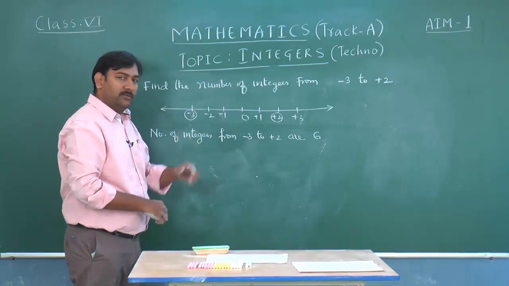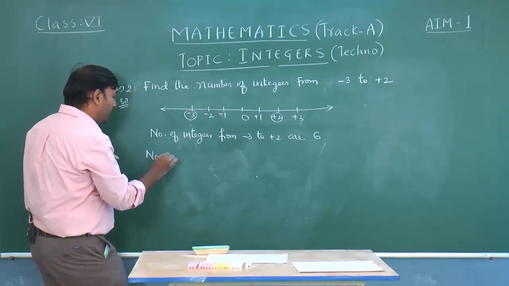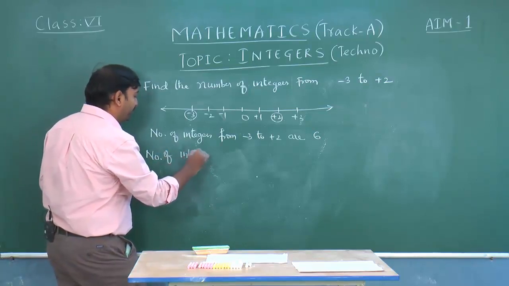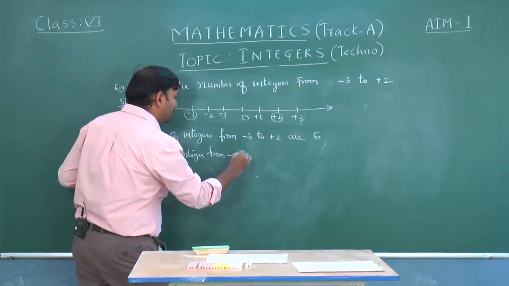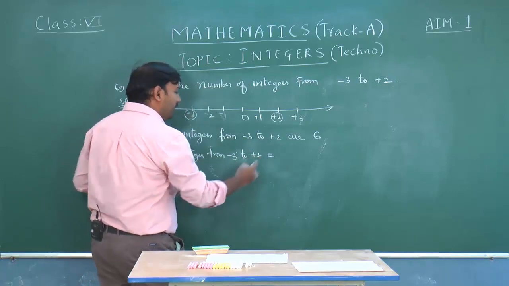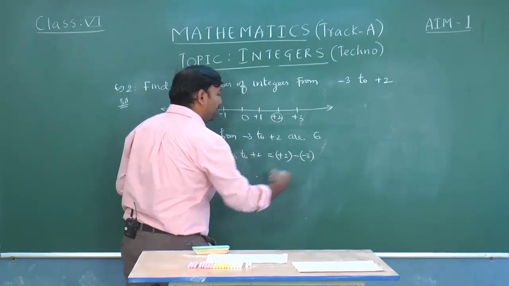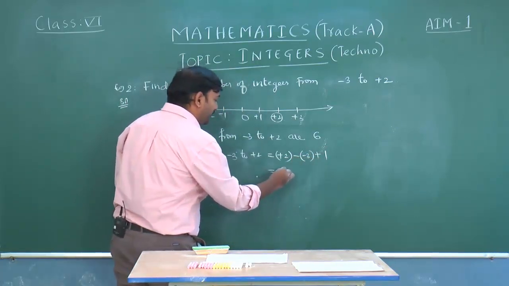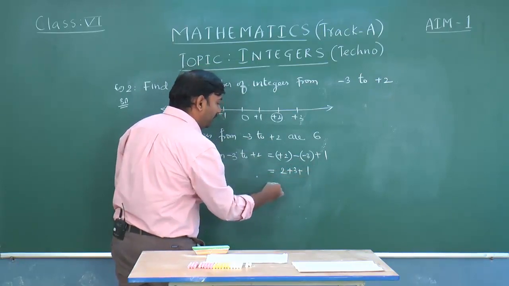And this also can be generalized. In general, the number of integers from minus 3 to plus 2 is given by the difference between the numbers, that is plus 2 minus of minus 3, and of course add a plus 1, that is plus 2 plus 3 plus 1, you get 6.